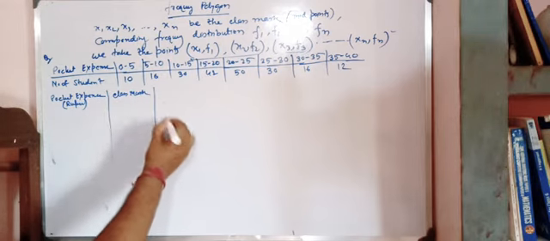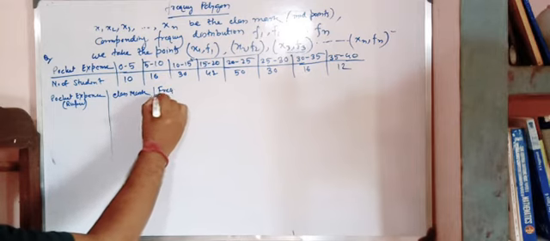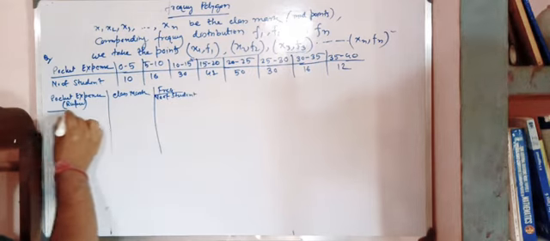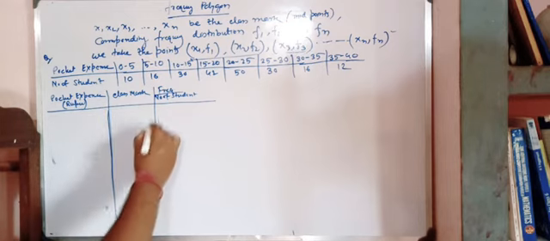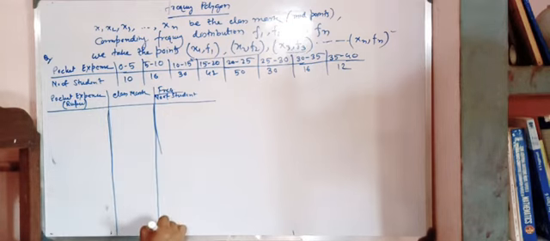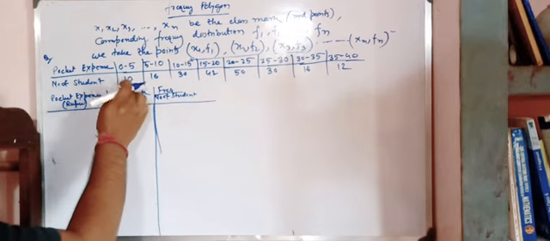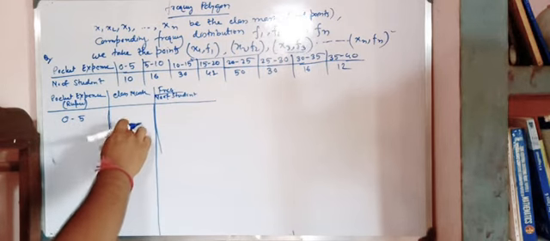Next, frequency, or number of students, whatever you say. So we have to make this table first. Pocket expense should be from 0 to 5. What should be the class mark?